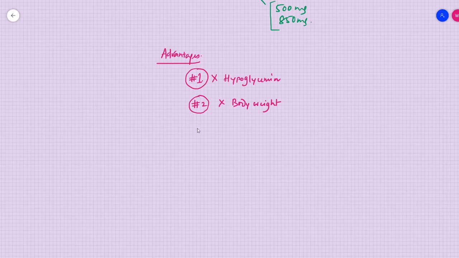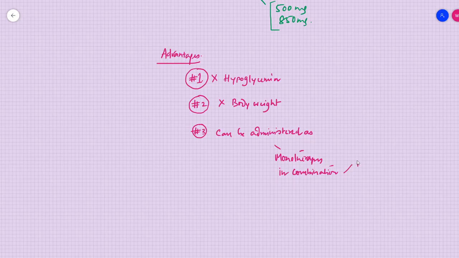The third advantage, which we did not discuss, is that it can be administered as monotherapy or in combination with any class of glucose lowering drugs.